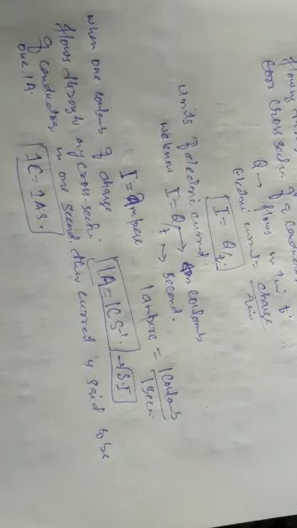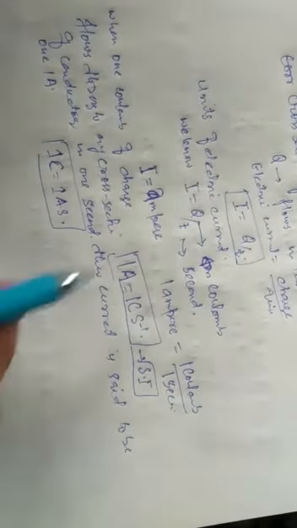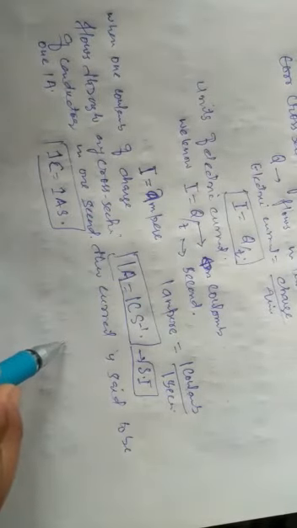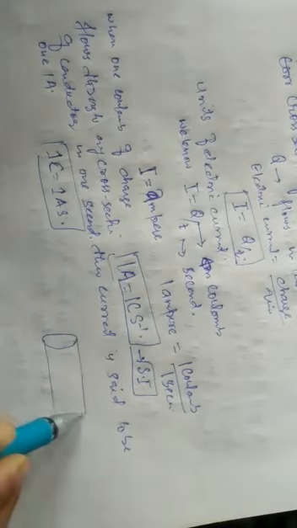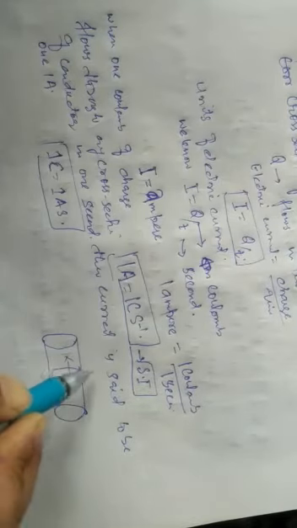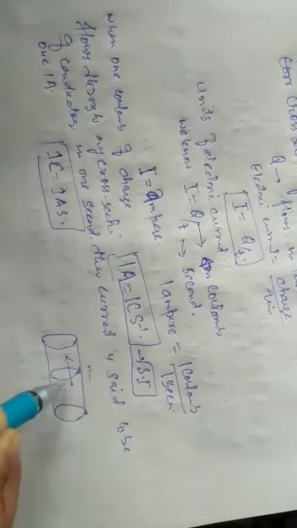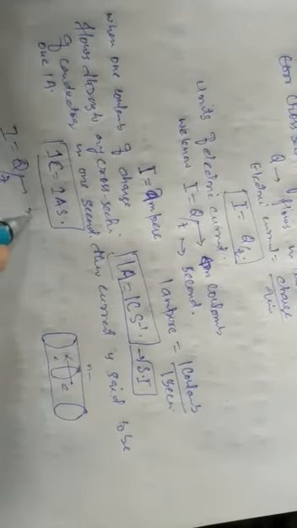Now you can define this current in terms of electrons also. Charge can be anything, but if you have a conductor and n number of electrons are flowing through any cross section of the conductor, then as we know, I is equal to Q by T. Now Q is equal to n into e, where n is the number of electrons.